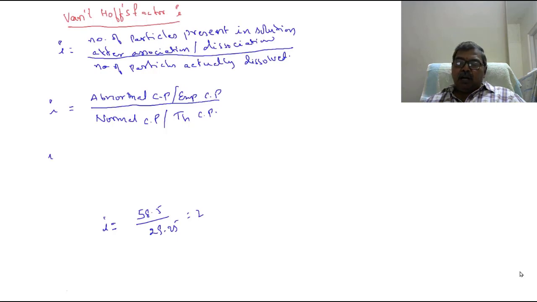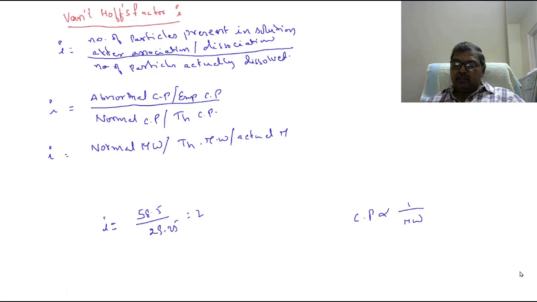So therefore, i also can be calculated from the normal molecular weight, because colligative property is inversely proportional to molecular weight. Normal molecular weight, theoretical molecular weight, or you can say actual molecular weight, by abnormal molecular weight, and this is obtained from the experiments.